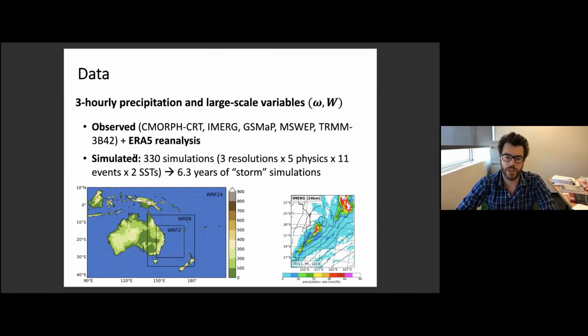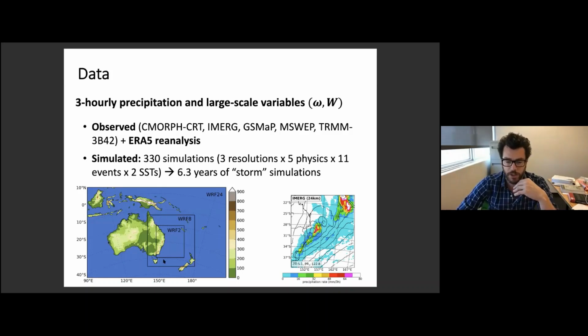And what we evaluate is this ensemble of 330 simulations, where the full ensemble is produced by using 3 different resolutions. So we have a triple nesting approach. We have WRF, a domain that is run at 24-kilometer grid spacing, and that covers the CORDEX Australasia domain, which includes all Australasia.